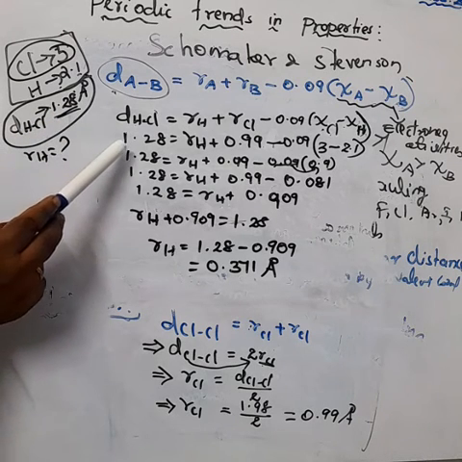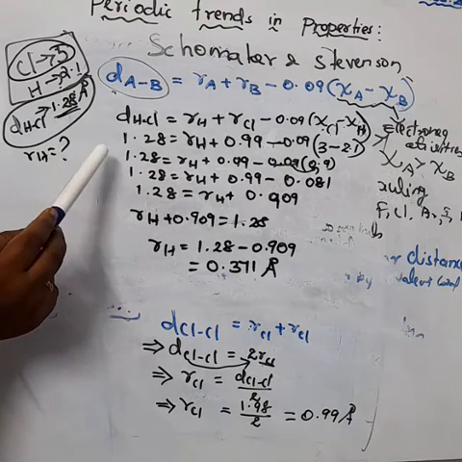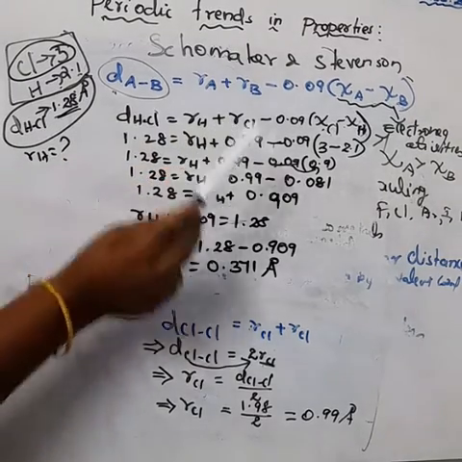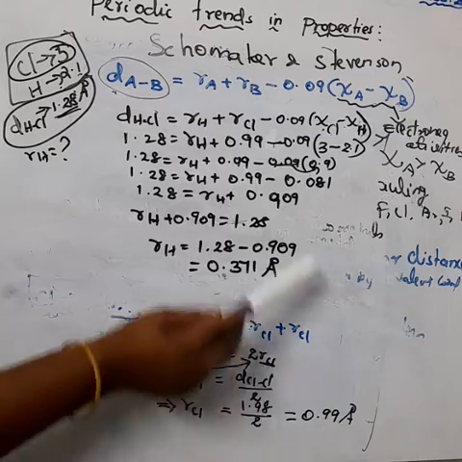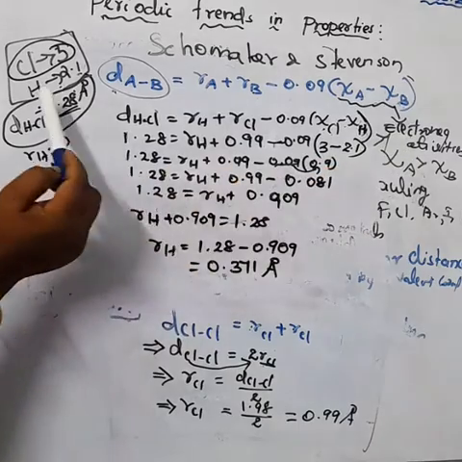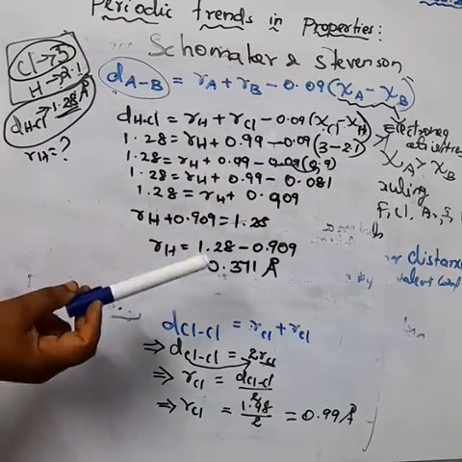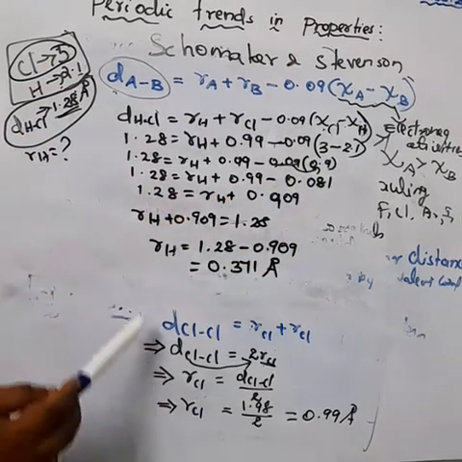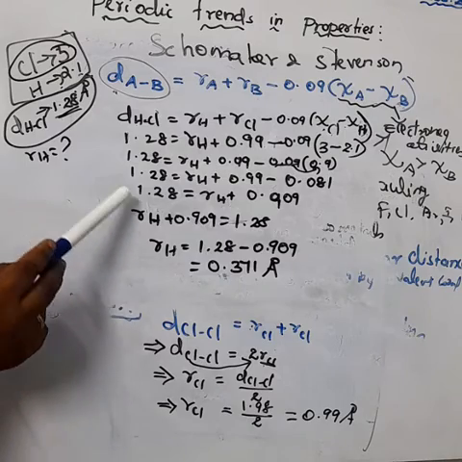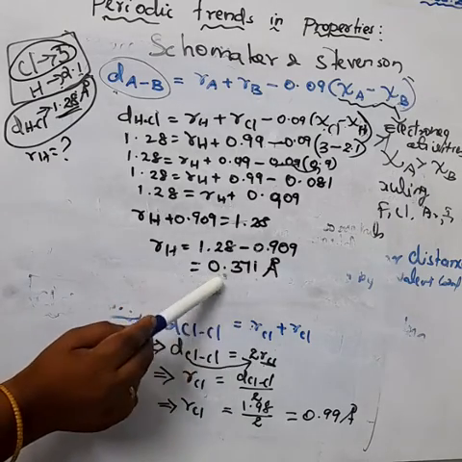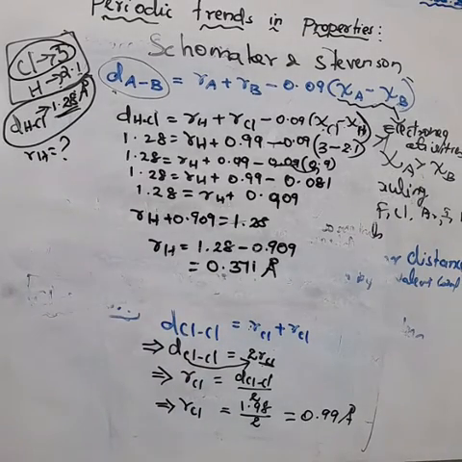The radius of chlorine we already calculated, 0.99, minus 0.09 into the electronegativity of chlorine, 3, minus hydrogen, 2.1. By substituting these values we get the covalent radius of the hydrogen atom, 0.371 Angstrom. Understood? I hope all of you understood.